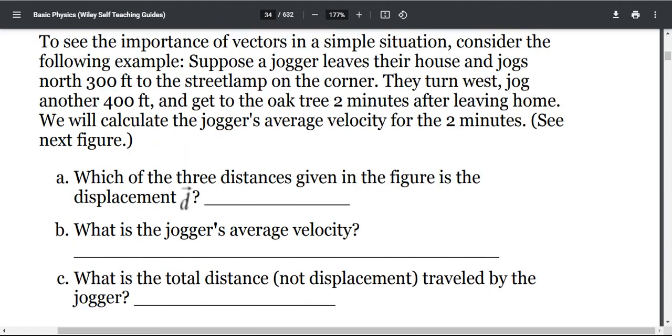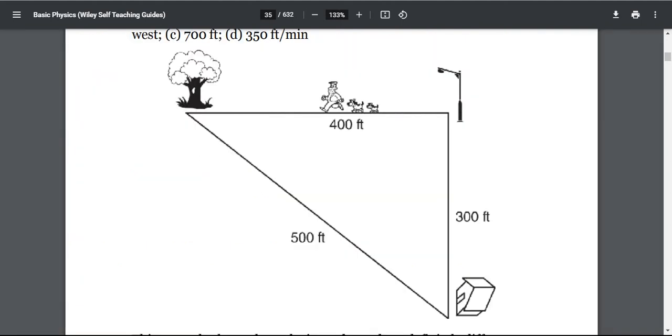The jogger leaves his house and runs 300 feet to the street lamp, and again runs 400 feet to the oak tree, but then it is 500 feet from the oak tree back to his house. So which of the three is the displacement?